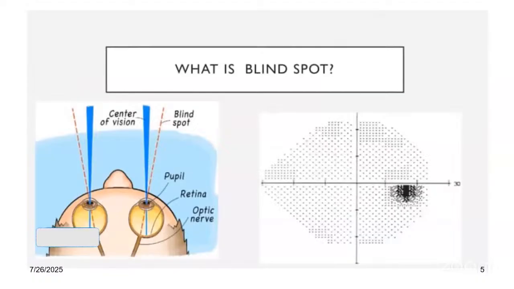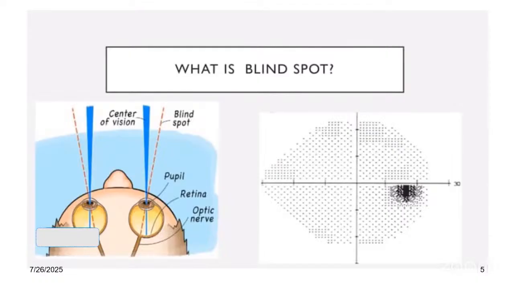From this diagram, we know that the blind spot is located temporally, that's the point of the optic nerve, while our center of vision, which is the fovea, is located centrally. It's important to note this location because when we're interpreting our visual field, that will give us an idea of which eye we're dealing with, and how the visual field is actually measured.